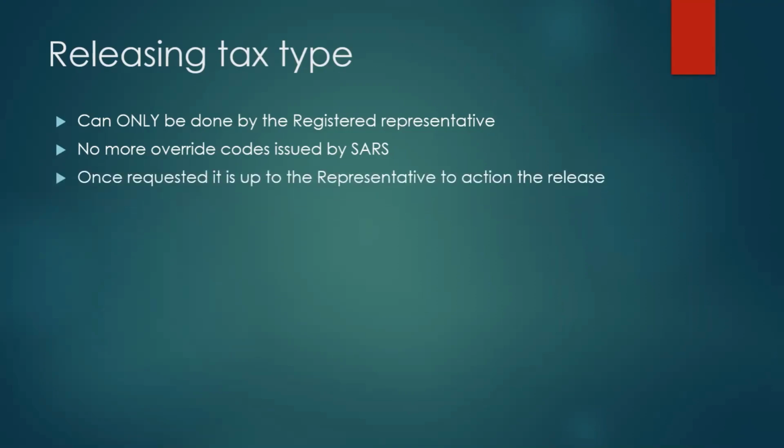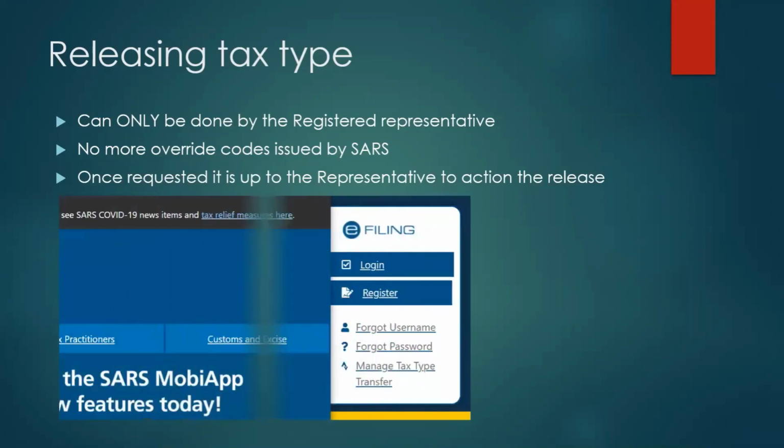Once it has been requested, as mentioned in the previous slides, it's up to the representative to then action the release. Now, what we have seen is that there's no actual way of the representative knowing that they've received some sort of request to release this tax type. So if you are assisting, you need to just let the representative know that they would need to go and action this release.